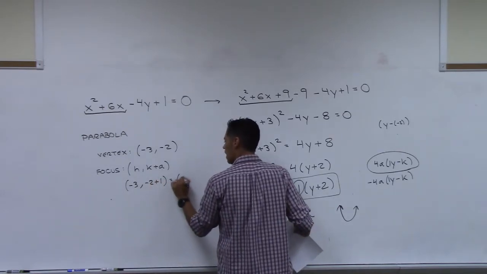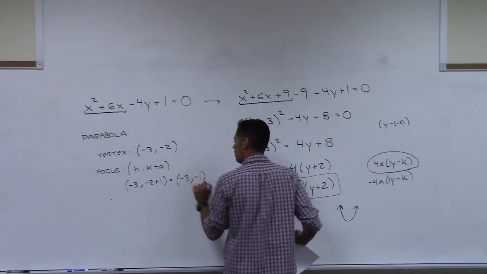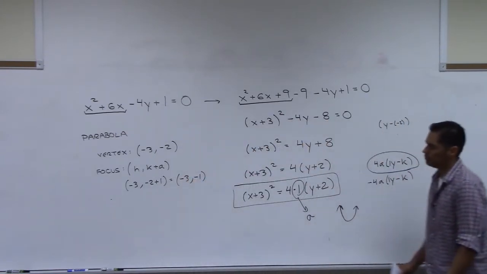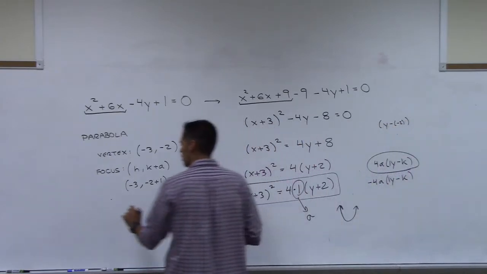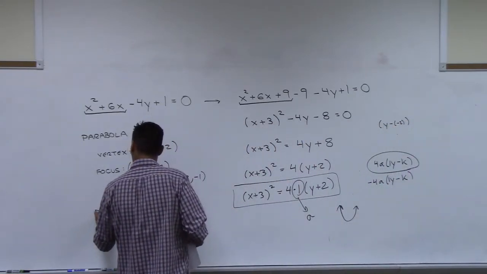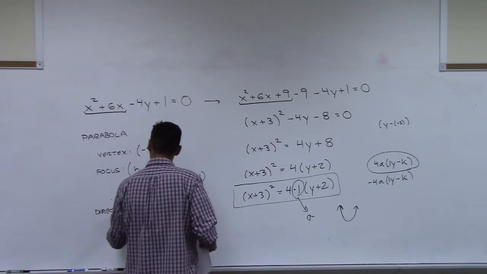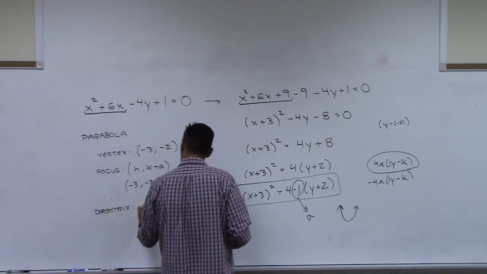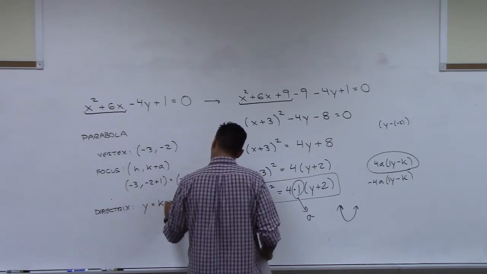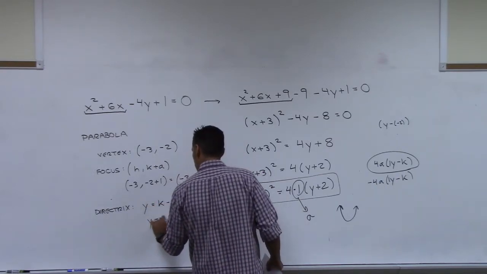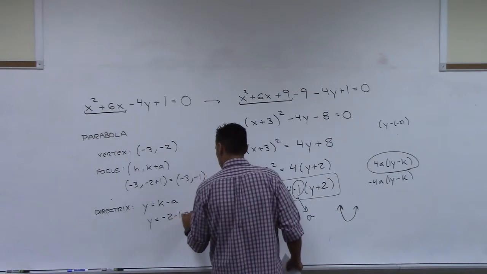So this is going to be (-3, -1). And then our directrix, which is a line, is y equals k minus a. So -2 minus 1, which is -3.